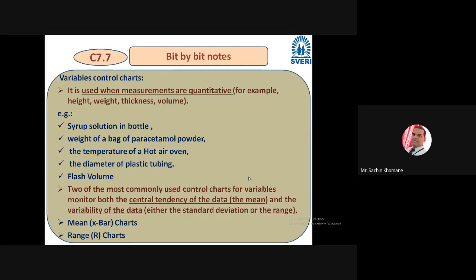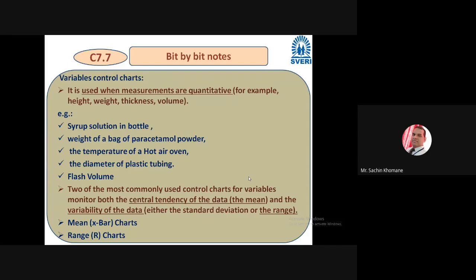I was talking about the variable control chart. So there are two basic charts: mean chart or x bar chart, range chart or r chart. So we are not talking in terms of mean or range; we are talking about only x chart, r chart, like that. So control charts for variables monitor both the central tendency of data, central tendency meaning the mean of data, arithmetic mean, and the variability of the data, that is the range.